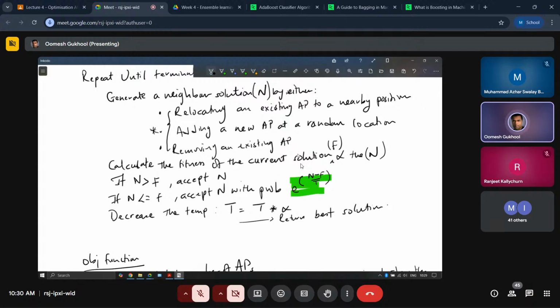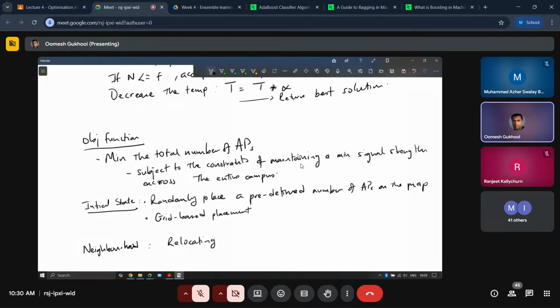I'm just going to put an asterisk here. Return best solution. The neighborhood would be the asterisk that you have on top here.